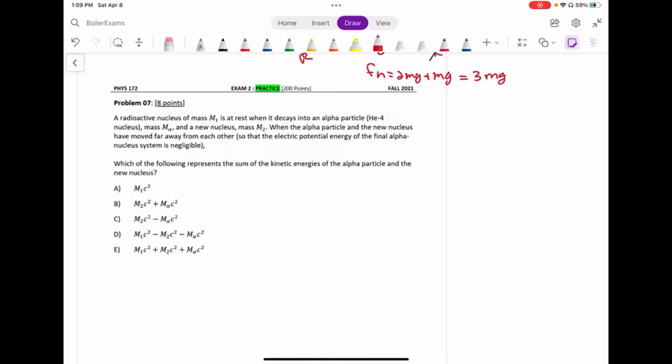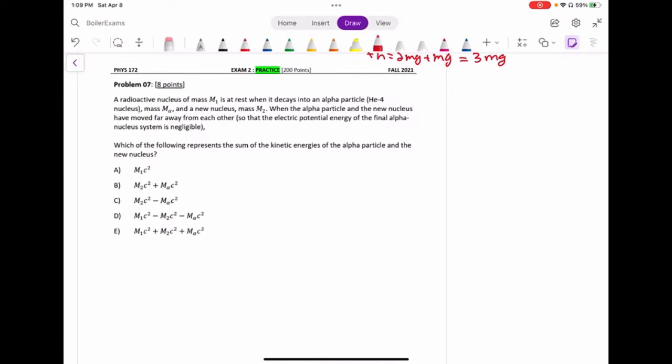Okay. Radioactive nucleus, mass M1, is at rest. Whenever we get problems like this, too, rest energy is equal to mc squared. We're going to need that. It decays into two of these.